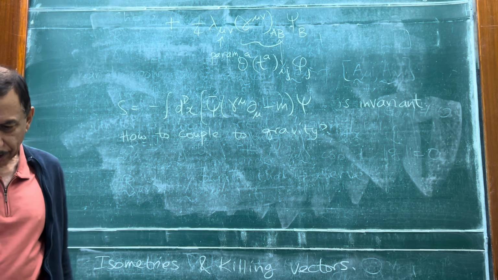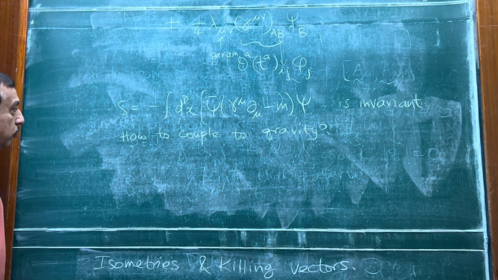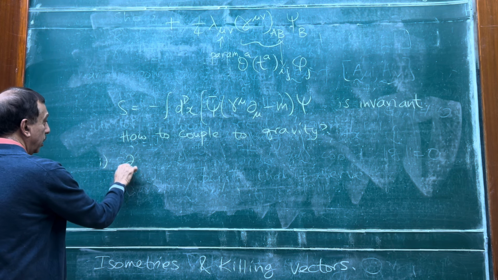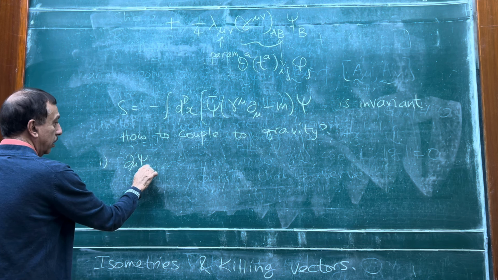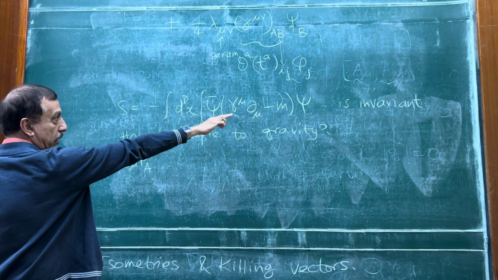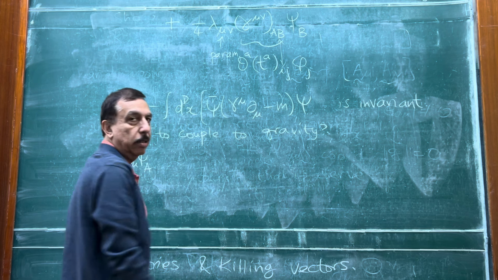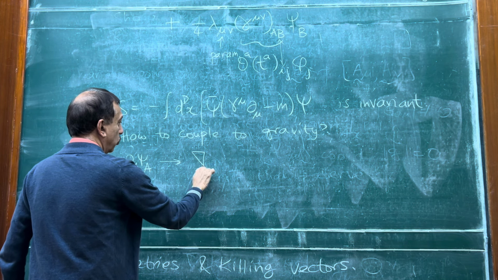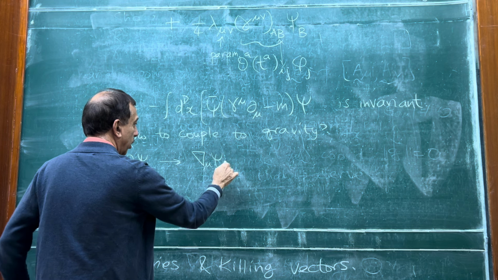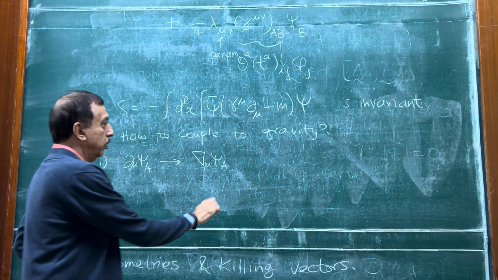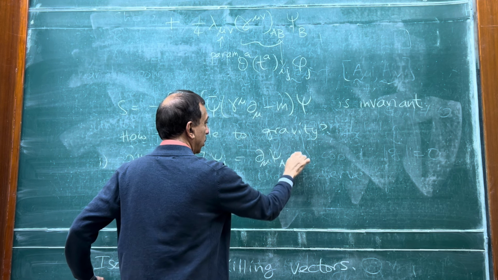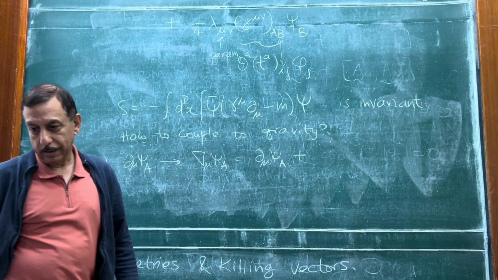Now, the first step is to realize that we can generalize the del mu psi, which is there in this equation. Well, we should make it a covariant derivative. And what should it be? It should be the ordinary derivative plus a term.